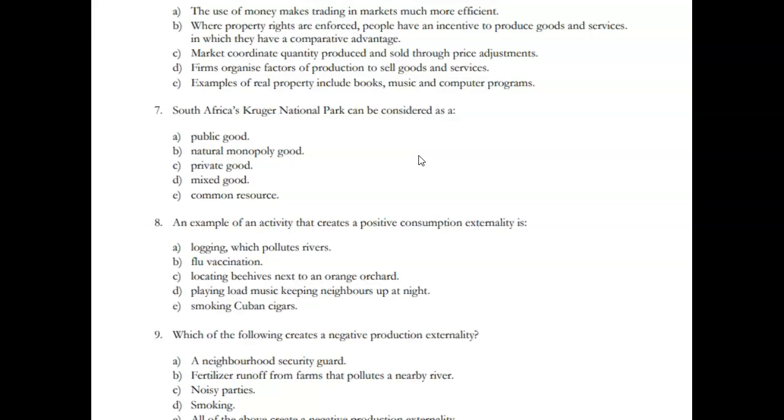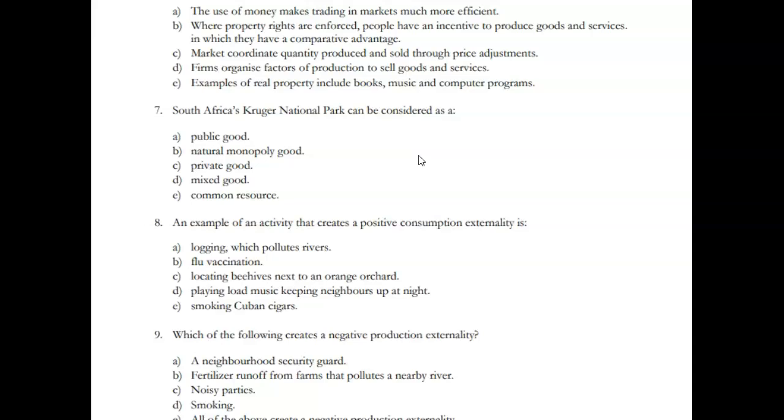It'll exclude the population if they don't have money. So South Africa's Kruger National Park, I will say it's non-excludable, because people who do not have money can still go there, and it's non-rival, because if you go to the Kruger National Park, you're not depleting something for somebody else.